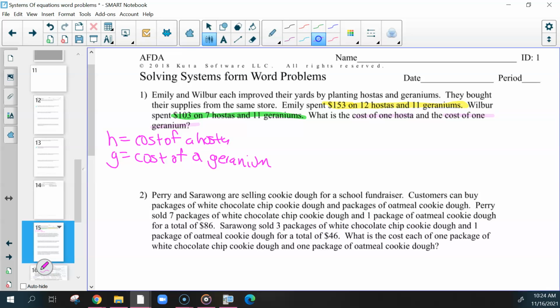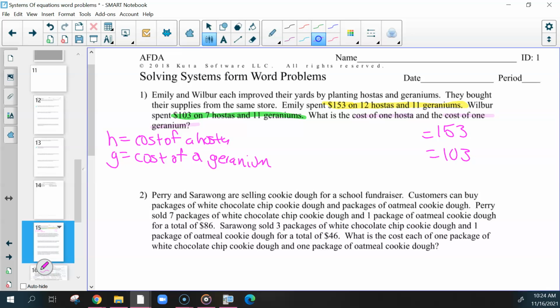Now we need our 2 equations. We know our totals, 103, 153. And we know that the total spent comes from the number of plants they bought times the cost of each plant.